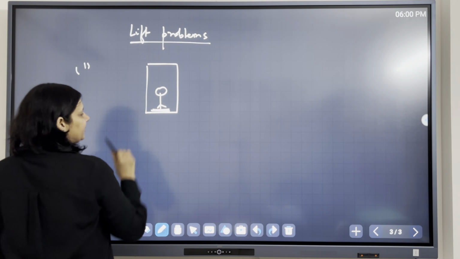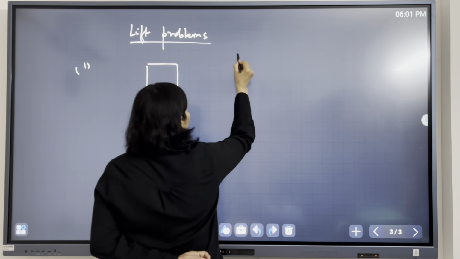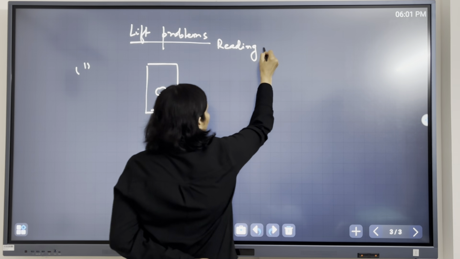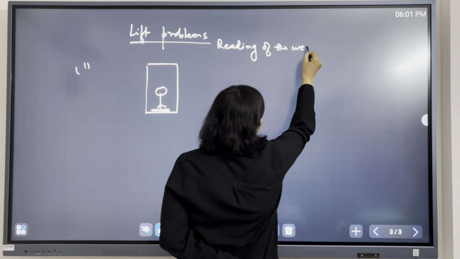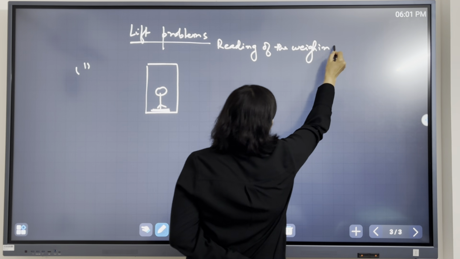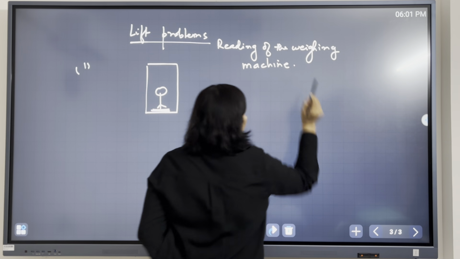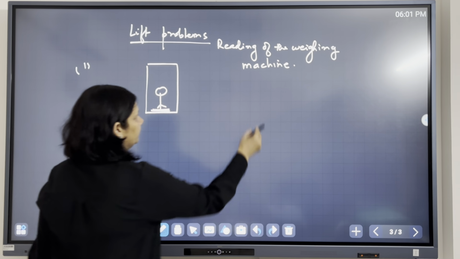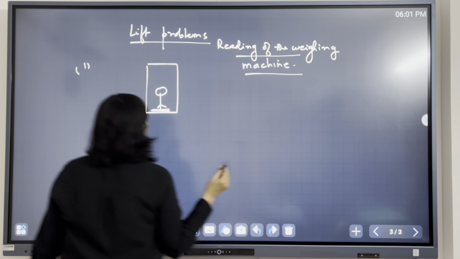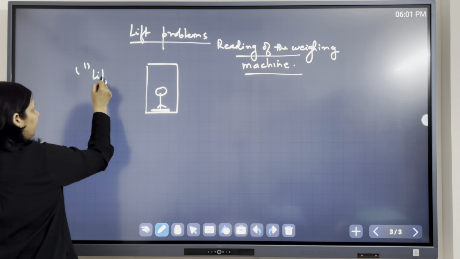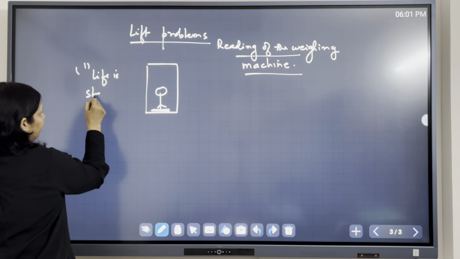Okay, the person's weight is given, so you have to find the reading of the weighing machine. Now the lift is stationary. Case 1, the lift is stationary.